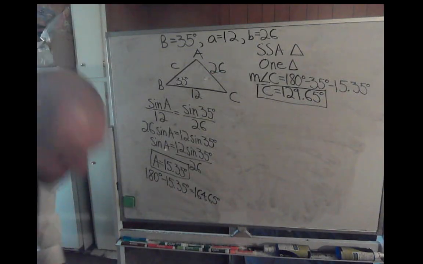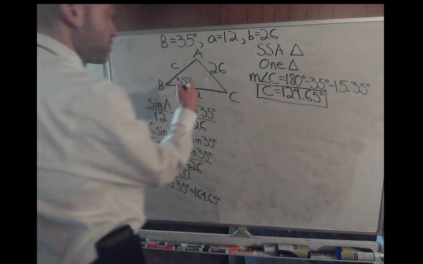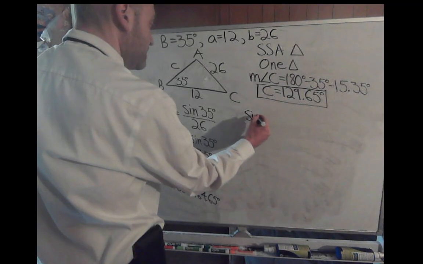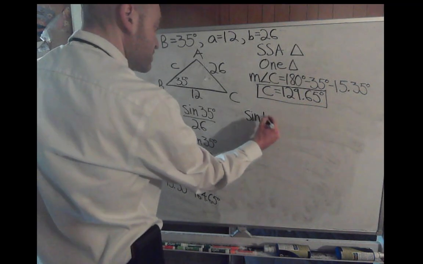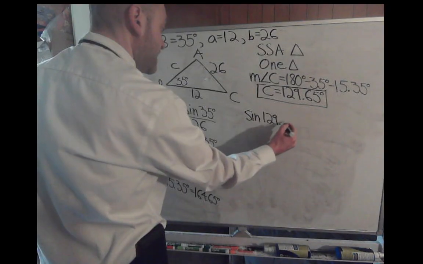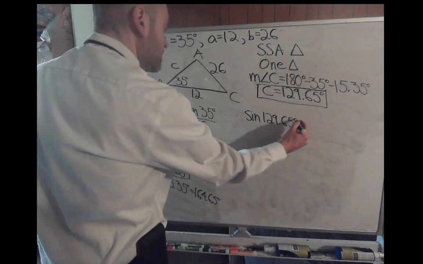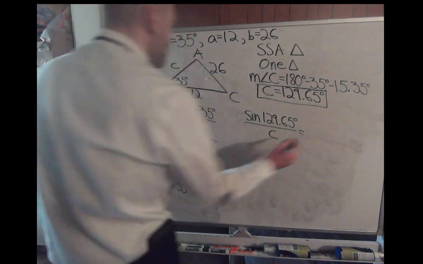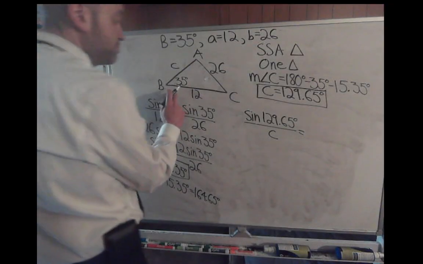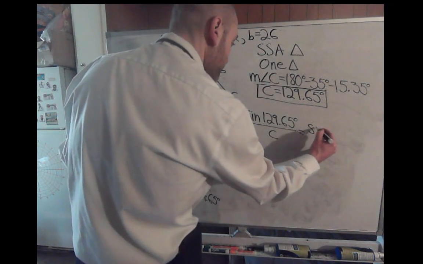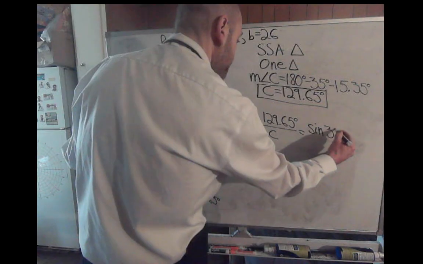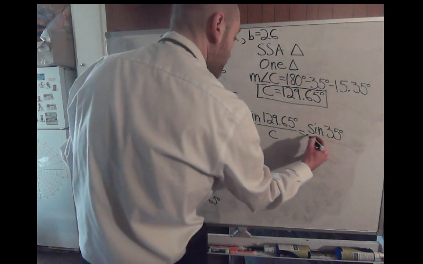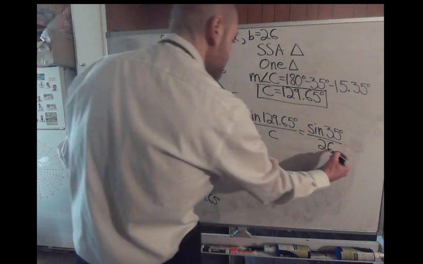Alright, so to find side C, we can take, of course, the sine of C, which is 129.65 degrees, all over that side C, which we don't know yet, and set that equal to our B, which is the sine of 35 degrees, all over our B, which is 26.